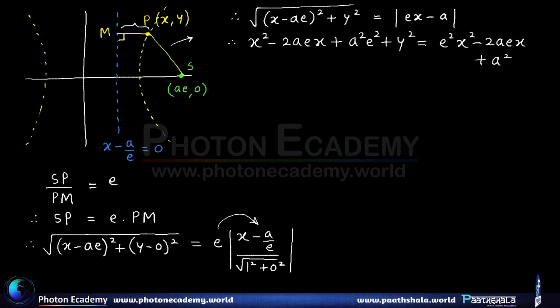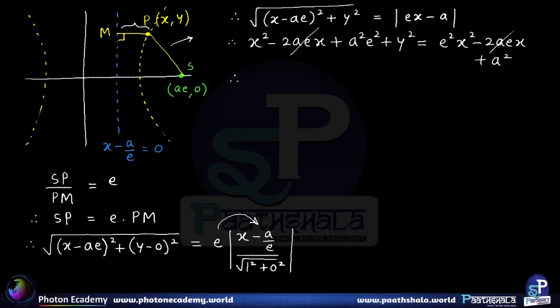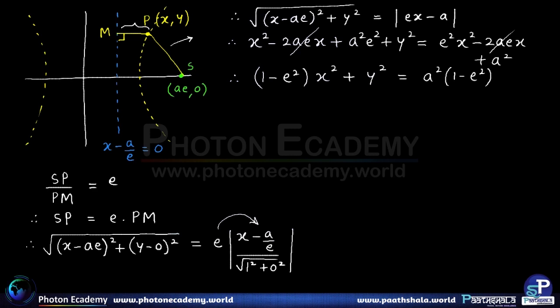So we see the term minus 2AEX gets cancelled from both sides. Let's collect all the x and y terms on left side and transfer all the constants on the right side. So therefore we have 1 minus E square common with x square, plus y square term as it is, and on the right side we have A square into 1 minus E square after clubbing the terms.